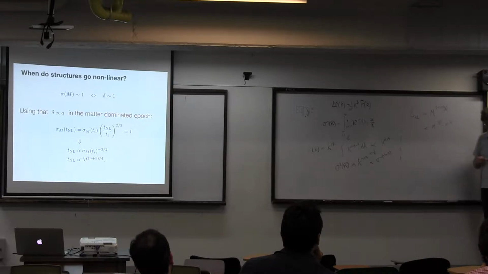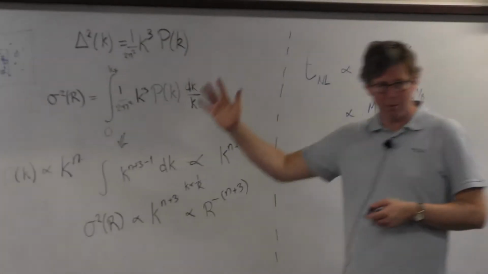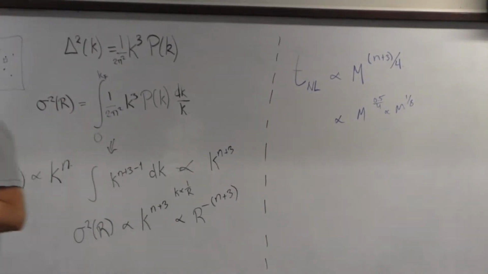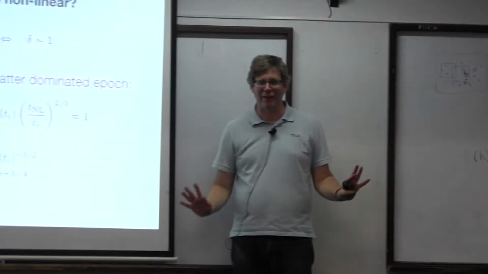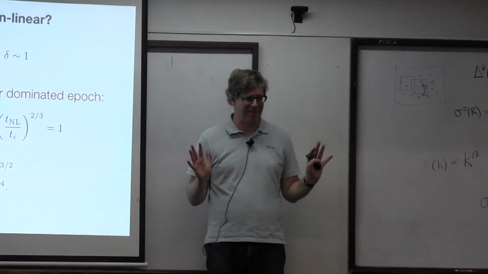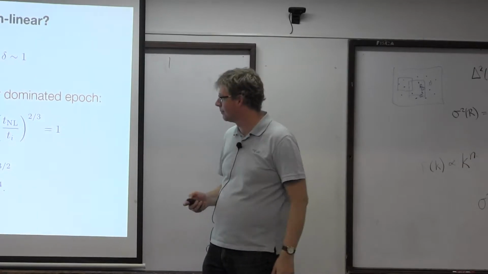Exactly. But it's a slow power. It's a low power. So there's not a big difference between low mass and high mass structures. It's still hierarchical, but it's not a dramatic difference. Don't over-interpret this thing, okay? This is useful for hand-waving arguments. It's not useful for quantitative statements. Okay? But it gives you more or less the right idea.